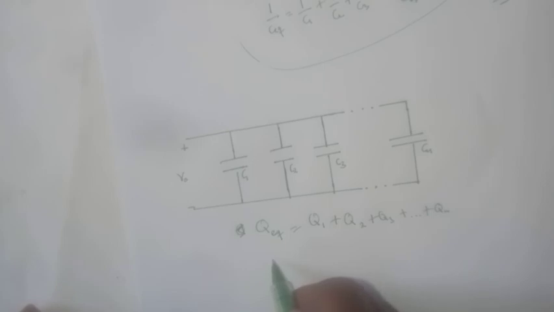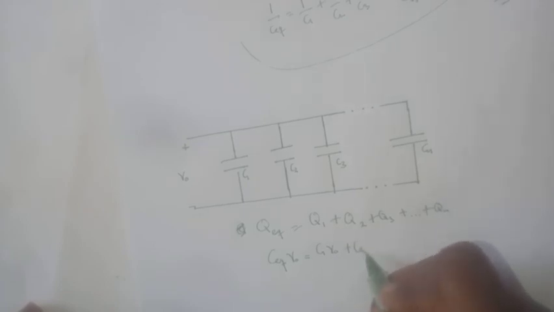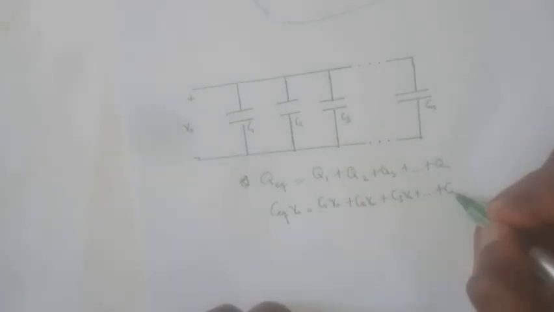And then we can say that CEQ V naught is equal to C1 V naught plus C2 V naught plus C3 V naught plus Cn V naught.